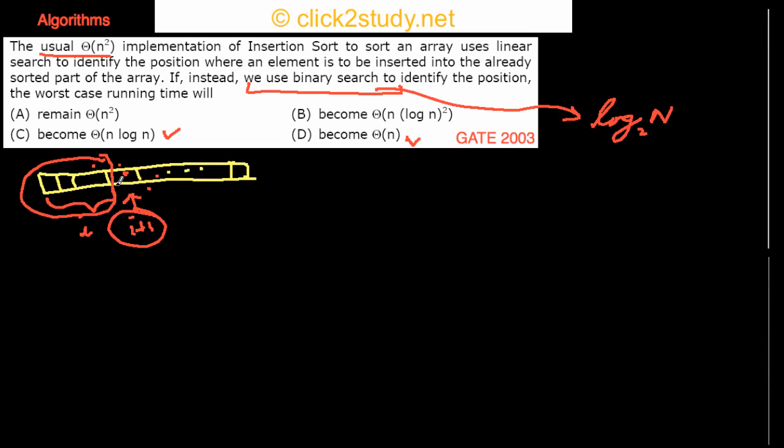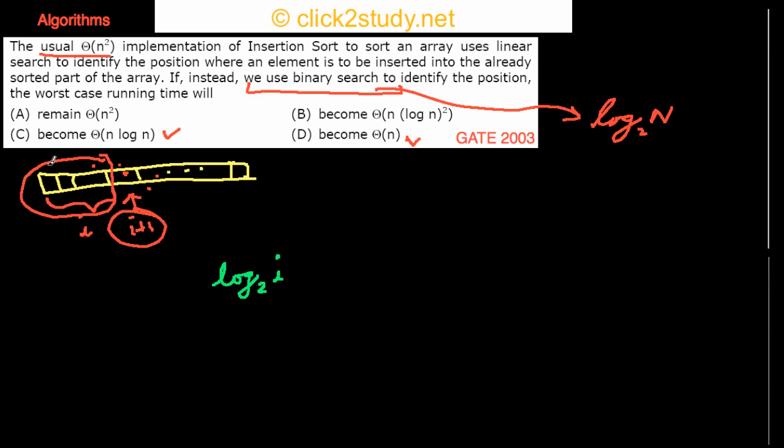The reason is that, suppose you have to insert the I plus 1th element in this sorted array. How much time will the binary search take? The time it takes is log base 2 I, and you have found your position. Then you have to insert it there, but before inserting it you have to shift all these elements.